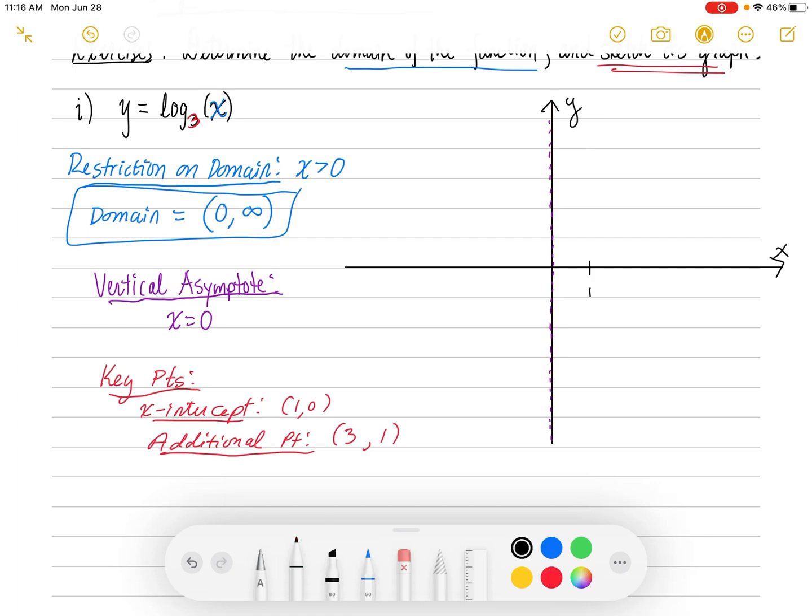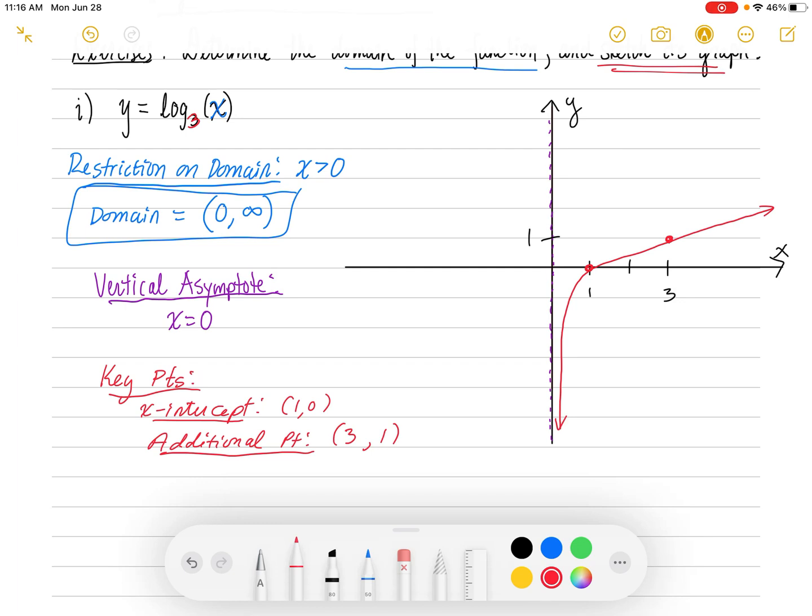Now the question is, what is a here? Well, a is base 3, so I'm going to get rid of this a and write 3 comma 1. So I'm going to plot those 2 points, 1, 0, and 3, 1. So here's 1, 0, here's 3, 1.